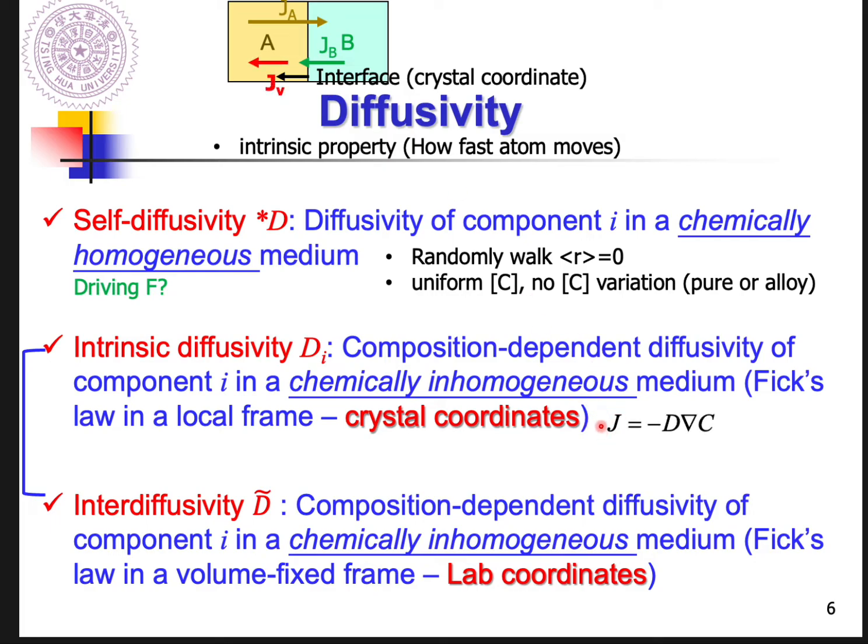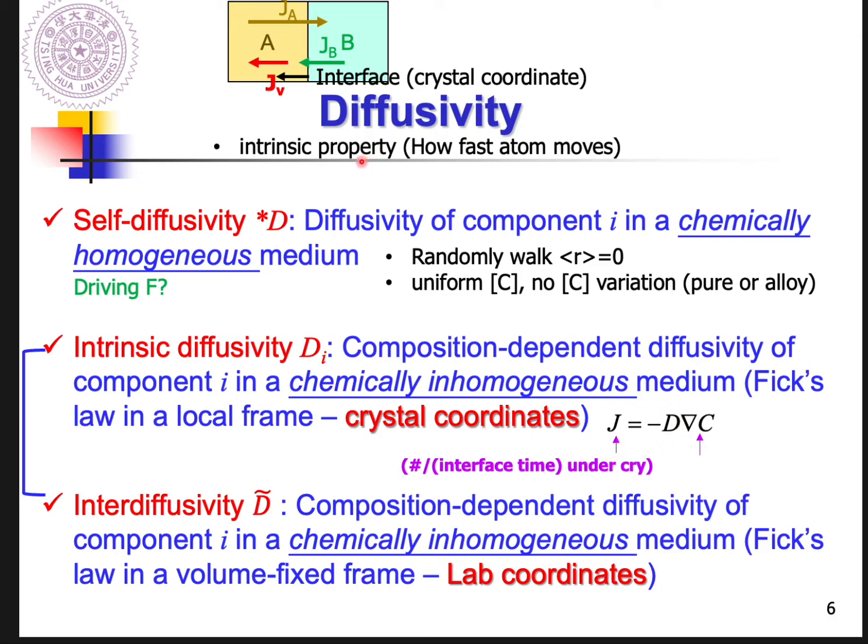So the flux you measure when you stand on this interface, divided by minus the concentration gradient, gives the diffusivity we call intrinsic diffusivity, D.